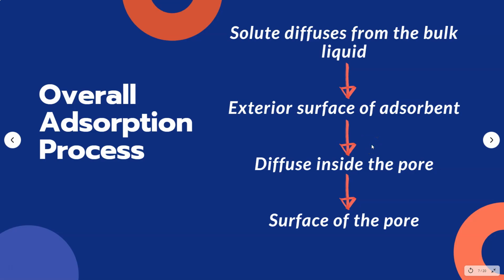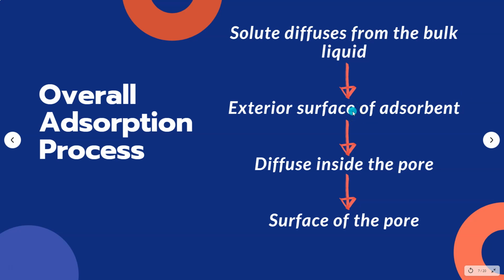So the overall adsorption process has a few steps. The first one, solute will diffuse through the fluid to an area near the solid particle surface. So it will diffuse from the bulk of liquid into the exterior surface of the adsorbent.